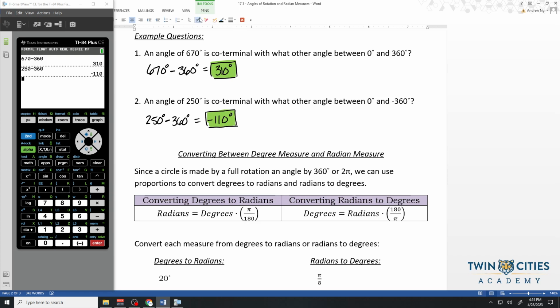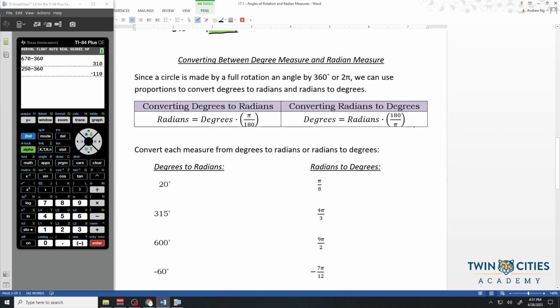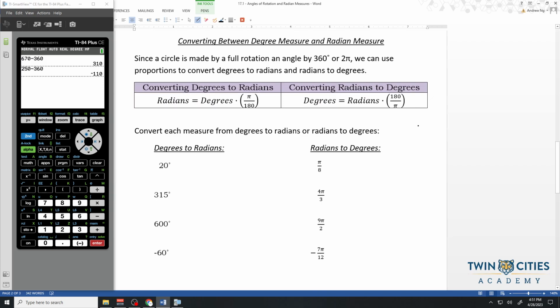But what's this about radian measures? Well, radian measure is just another way to measure your angles. We're very used to degrees. 360 degrees is all the way around, so turning all the way around and facing the same way again. In radians, that's 2 pi.